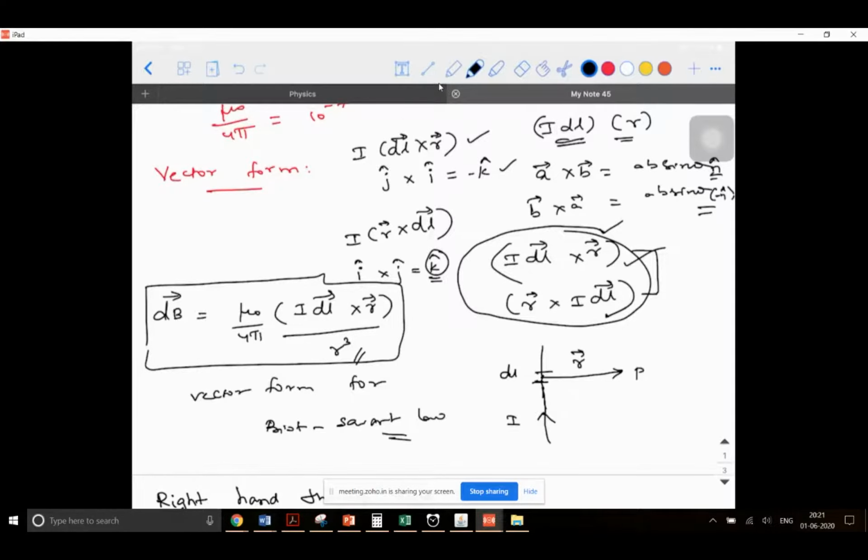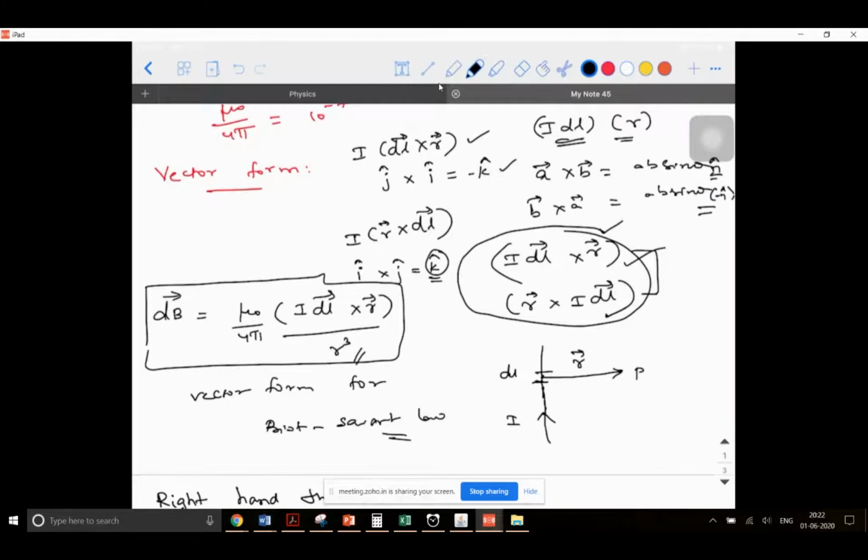Am I clear? Is there anyone having a doubt? Sir, for I dl vector, it's only dl that has the vector sign, right? Not I. No, I doesn't have. The reason why I wrote it as I dl is because you will remember that dl will take the direction of current.